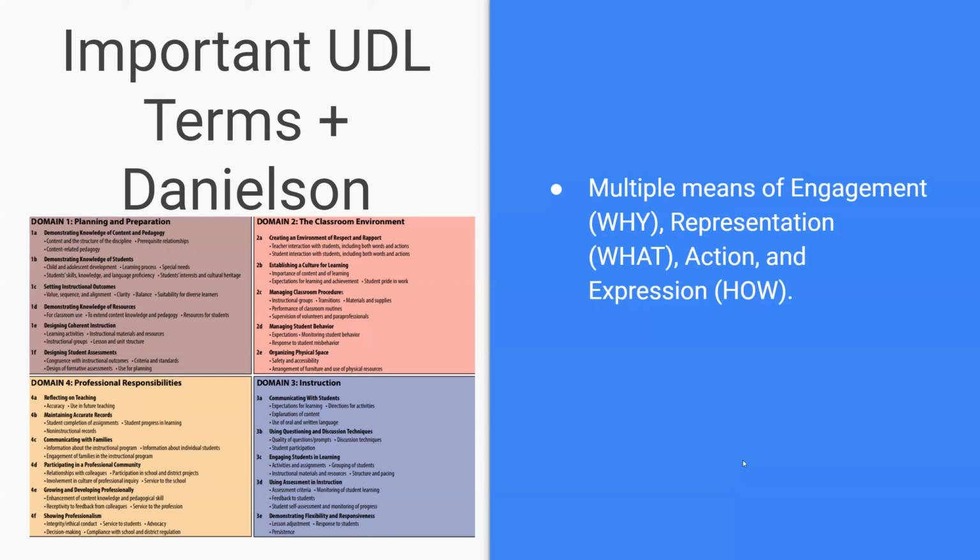In the classroom environment, I felt like 2A, creating an environment of respect and rapport. Oh, sorry, I meant 2B, expectations for learning and achievement. I felt like that was a slight miss in this lesson.